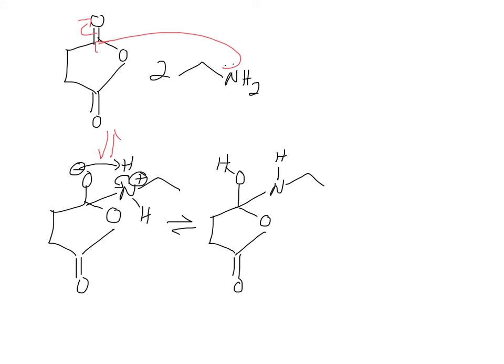All right. Overall net neutral. We haven't gained or lost charge. So now what's our best leaving group? We have a tetrahedral intermediate. What's our best leaving group here? What's going to be most happy with a negative charge? The carboxylate part, right?